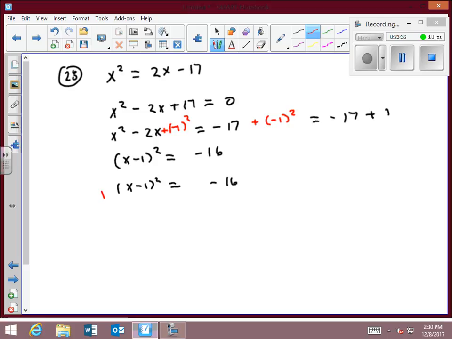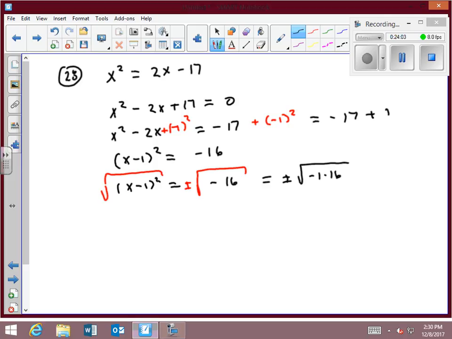Now you take the square root of the left, plus or minus the square root of the right. You remember what you do when you have a negative sign under a square root? Can you recall that? Well, I'll just show you. Plus or minus, and this is the square root of minus 1 times 16, right?